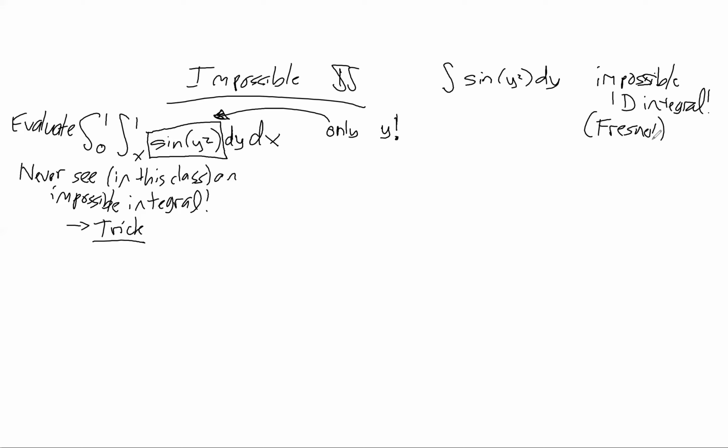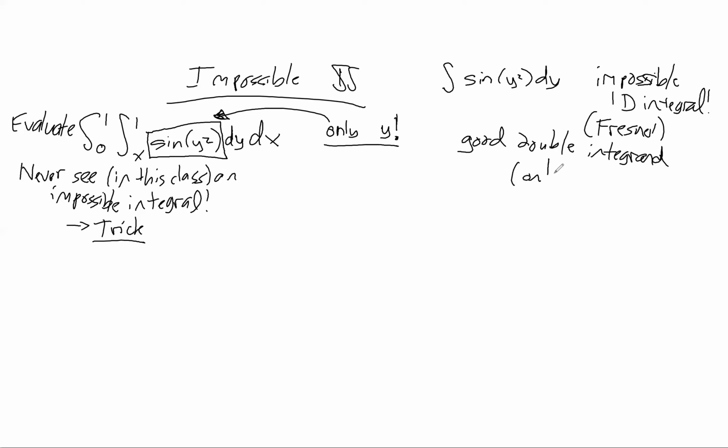It arises from optics. But what's actually good about this is that it's in the context of a double integral, and the double integral has some nice properties. So I would say it's a good double integrand.